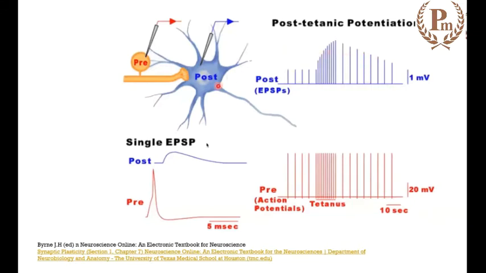My postsynaptic potential is getting an increased potentiation post-tetanically, after the tetanus state. So even after the volley of the tetanus has stopped, I'm still getting an increase, or you can say a beneficial effect, in the postsynaptic end. Okay, this type of effect is called post-tetanic potentiation.